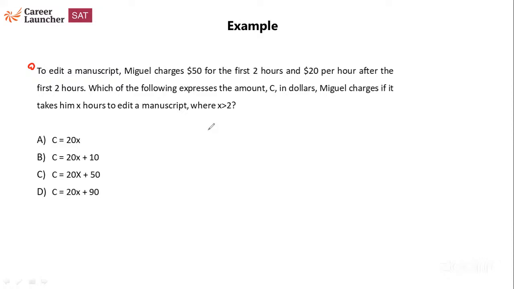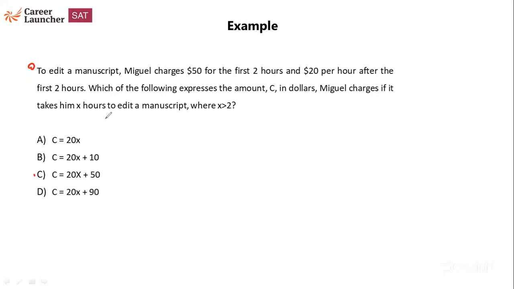Ron, which answer did you get? Didn't get your reply. C. Okay, option C. Yes. Okay. Divya, what about you? Okay, seems to be difficult. Let's understand this one now.